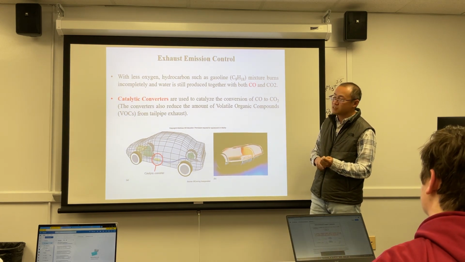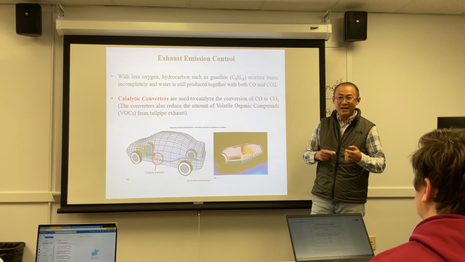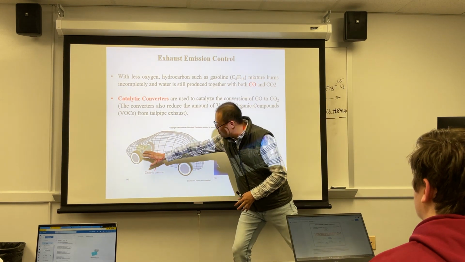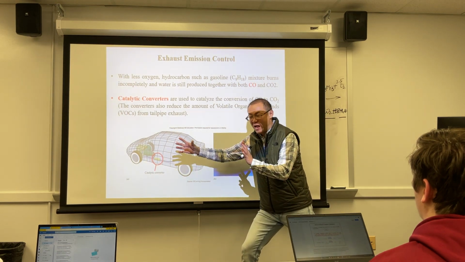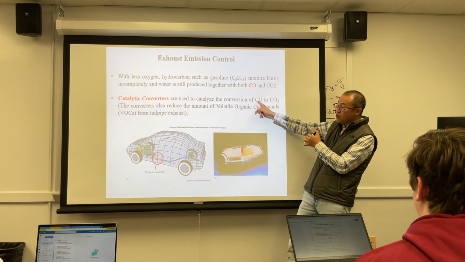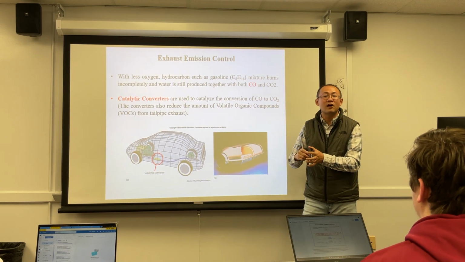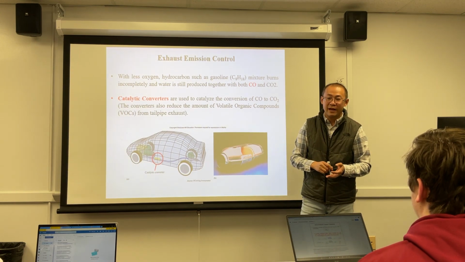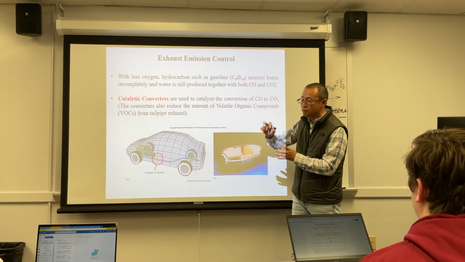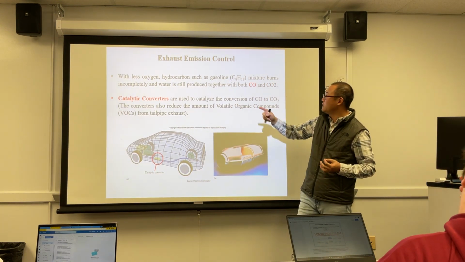This big box is called a catalytic converter. Before your engine exhausts the gas, including carbon monoxide, into the atmosphere, it helps convert carbon monoxide into carbon dioxide. It helps further convert CO into CO2 before it is released to the atmosphere.